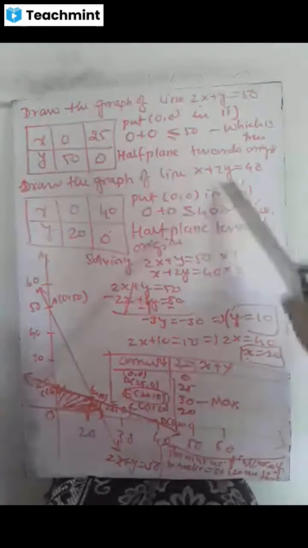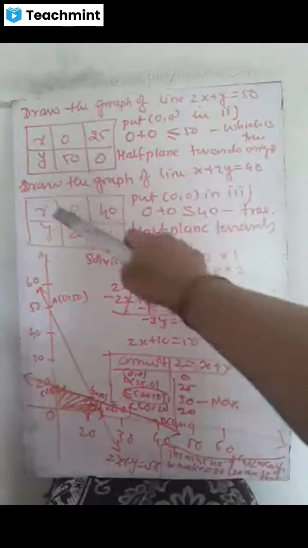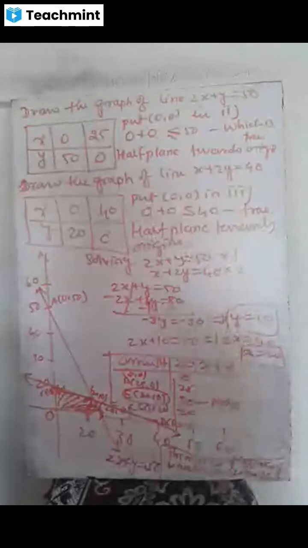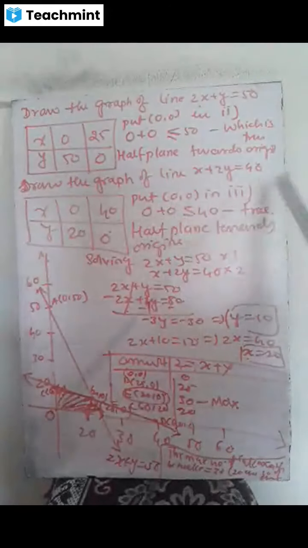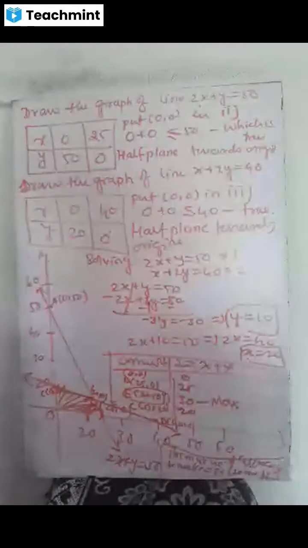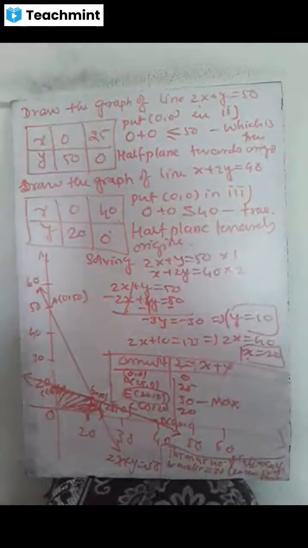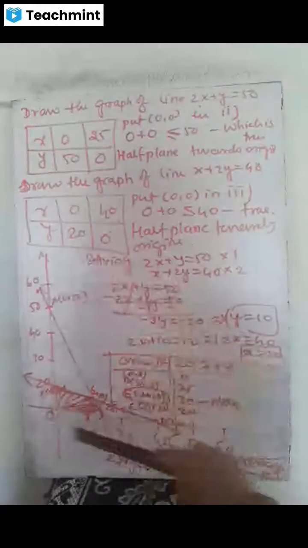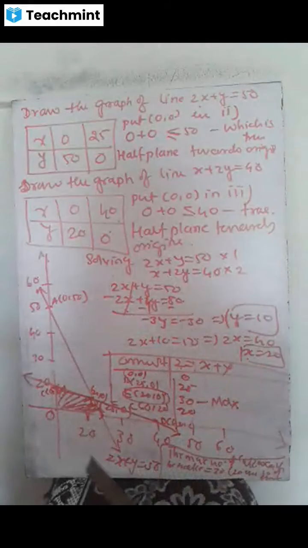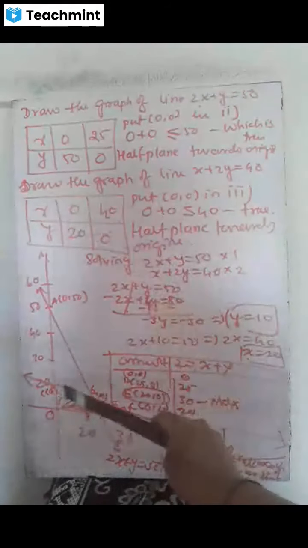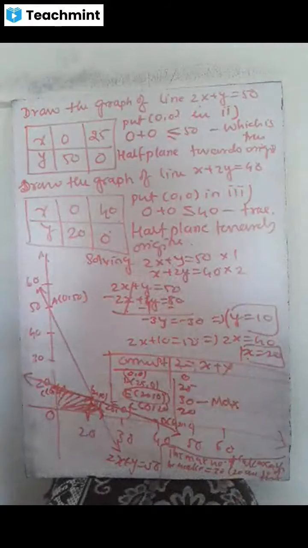For the second line x plus 2y equal to 40, we get the values of x as 0, 40 and y as 20, 0. Put 0, 0 in equation 3. We got 0 is less than 40, so the half plane is again towards the origin. So plot the graph here, taking the points 20, 30, 40, 50, 60 and so on.